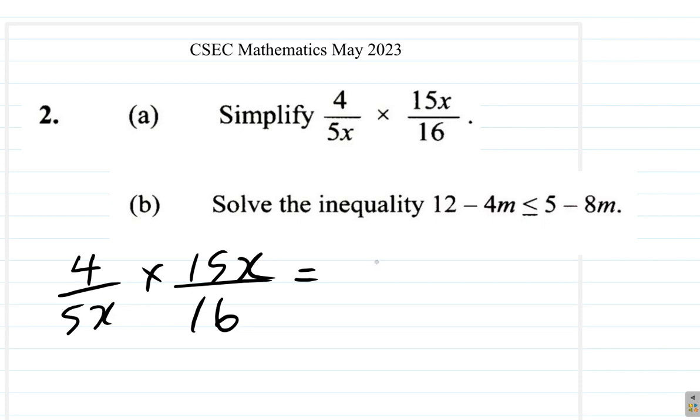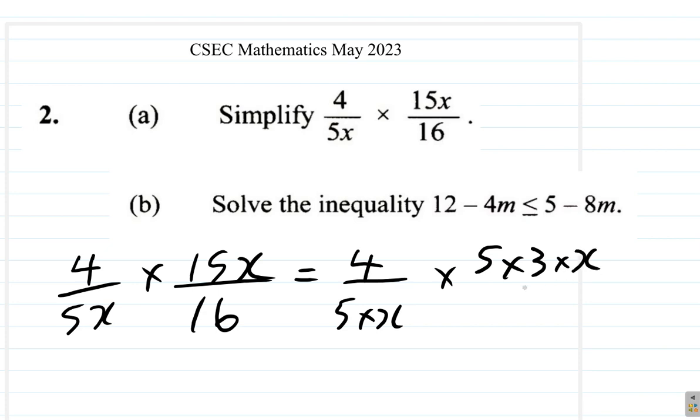Here, you have 4 divided by 5 times x multiplied by, no, 15. I want to break up 15 into 5 multiplied by 3 and then multiply that by x divided by 16, which is the same as 4 multiplied by 4.